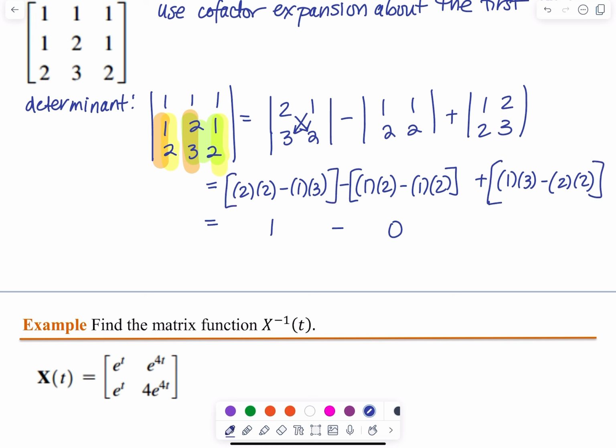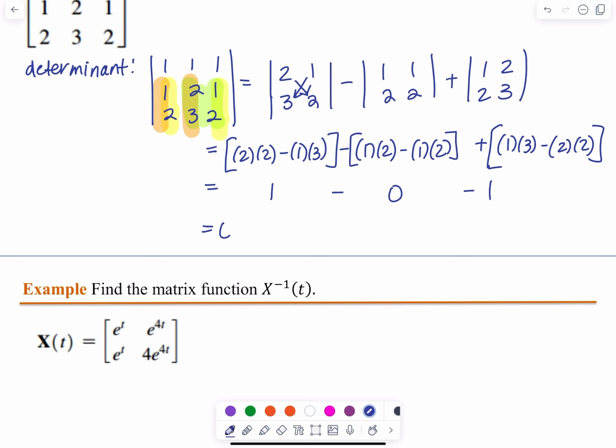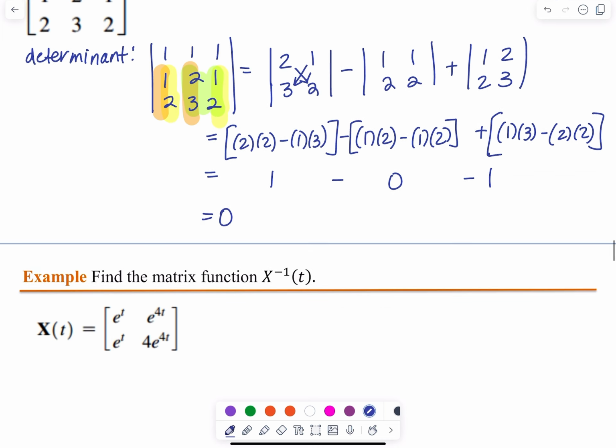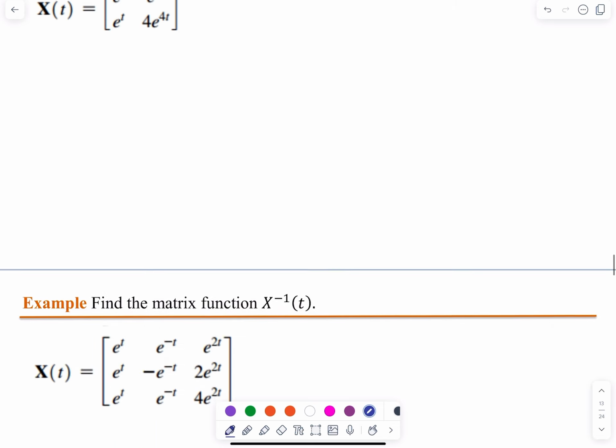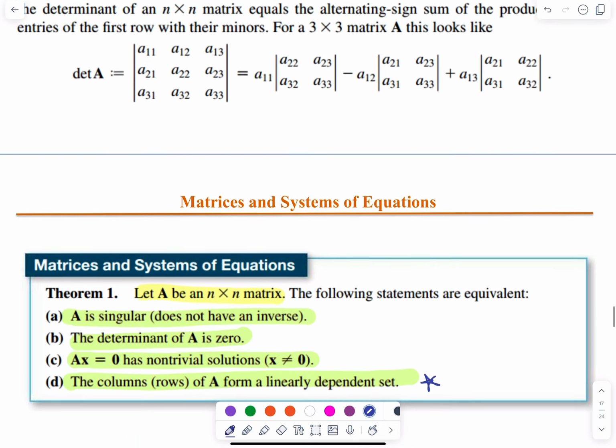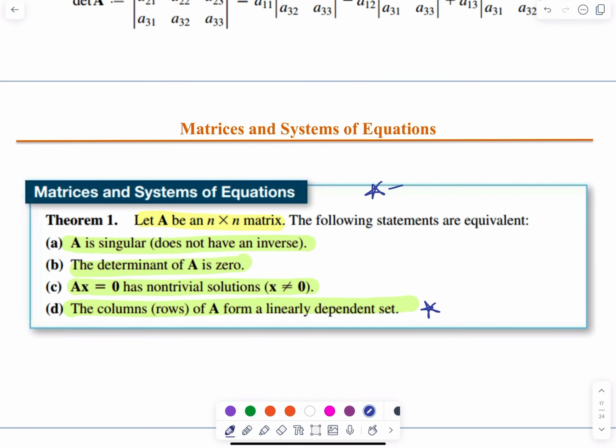And of course, here we get 1. And so we are going to get this to be equal to 0. So by that theorem, and that is shown, I'll just go ahead and put a double star by that. Theorem 1.